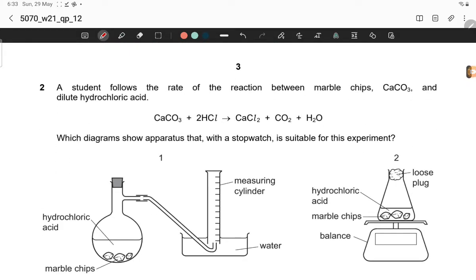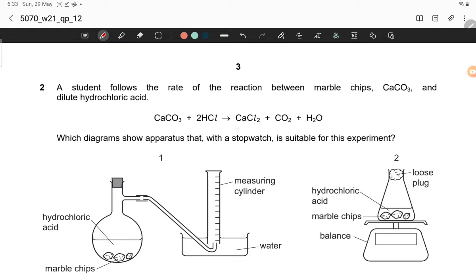Question number 2. A student follows the rate of reaction of marble chips, calcium carbonate, and dilute hydrochloric acid. Which diagram shows apparatus that with a stopwatch is suitable for this experiment?